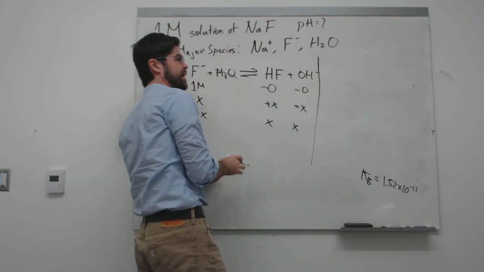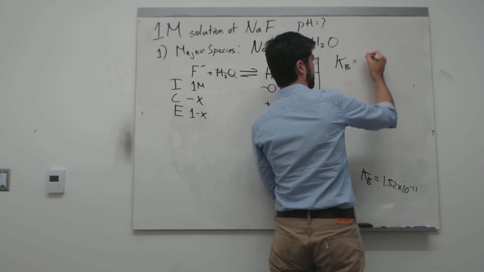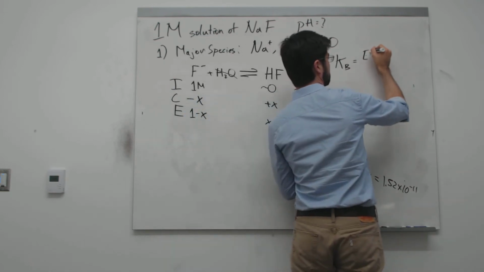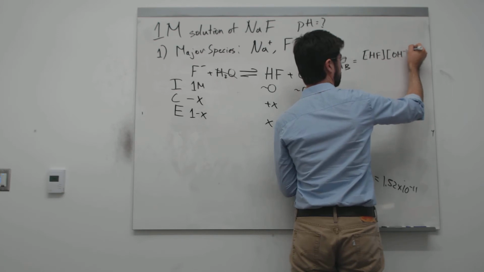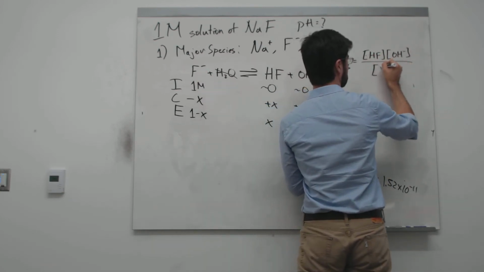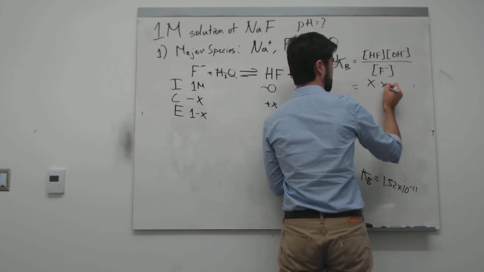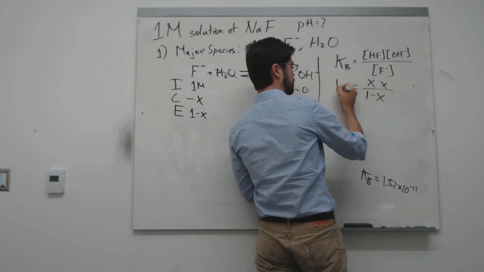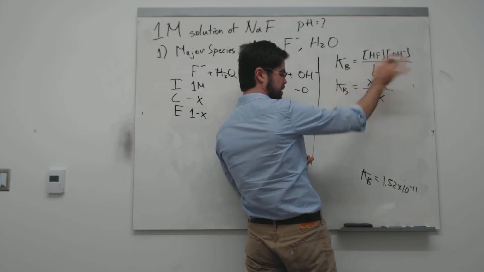If I plug these values into my law of mass action, that should be HF times hydroxide ion over the fluoride ion concentration. So x times x divided by 1 minus x is equal to Kb. Because Kb is very small, we expect x to be small.